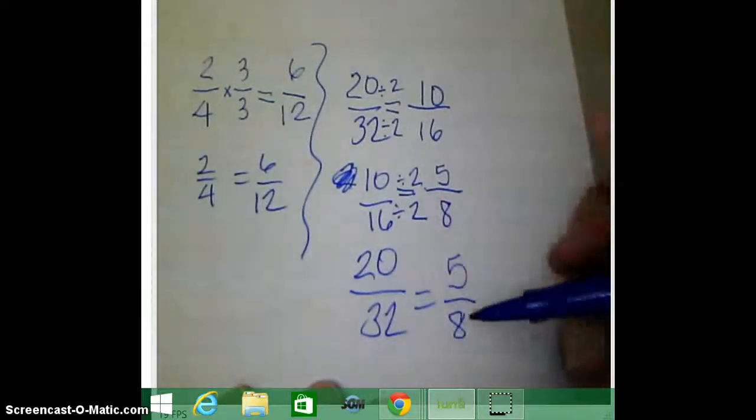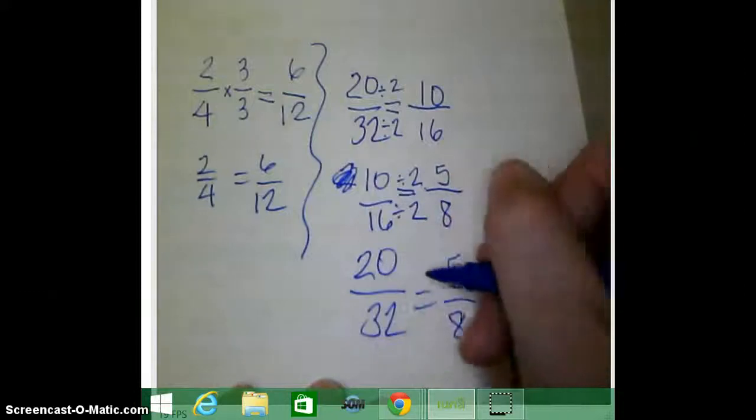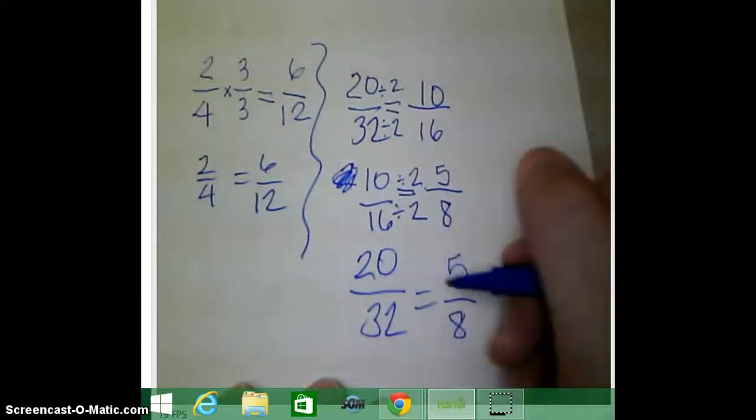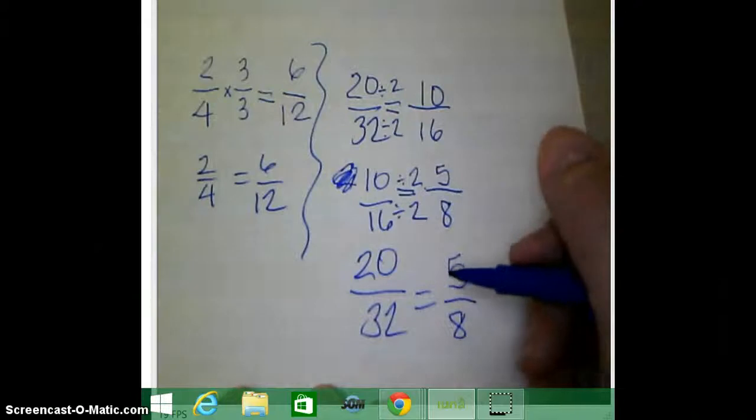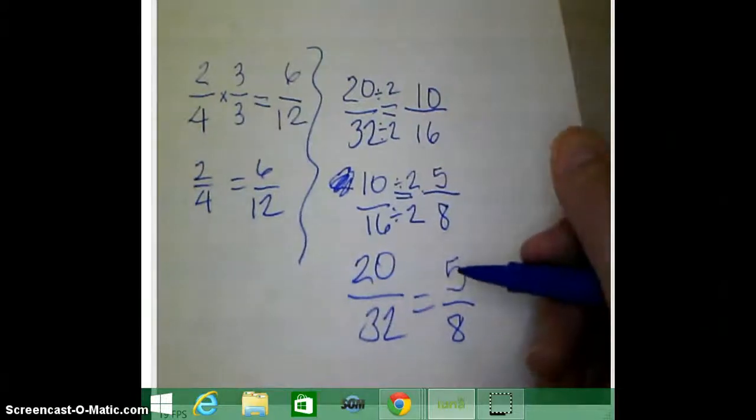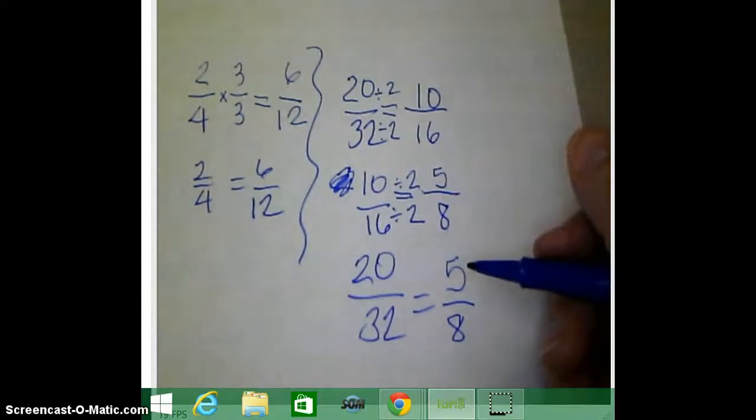So 20/32. 20 divided by what gives me 5? And I know it's divided because I'm going down. And in fractions, you can only either multiply or divide. If you multiply, it'll increase or get bigger. And if you divide, it's going to decrease or get smaller.